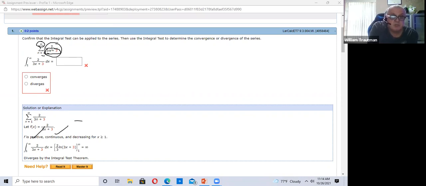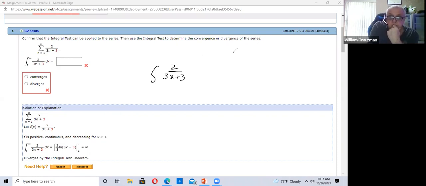And you can plug some numbers in here, if you put a 1 in there, you get 6 over 2, if you put a 2 in there, you get 9. You can see this series is decreasing, or you can take the derivative of this, and you can see that it is decreasing. So once it's decreasing, then we take the integral. Once we have all 3 of those criteria met, we integrate this.